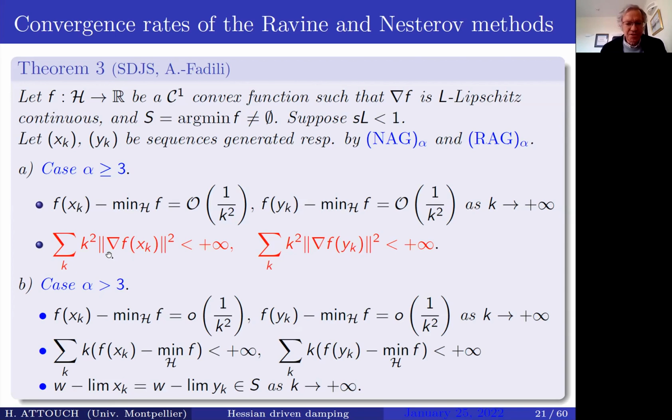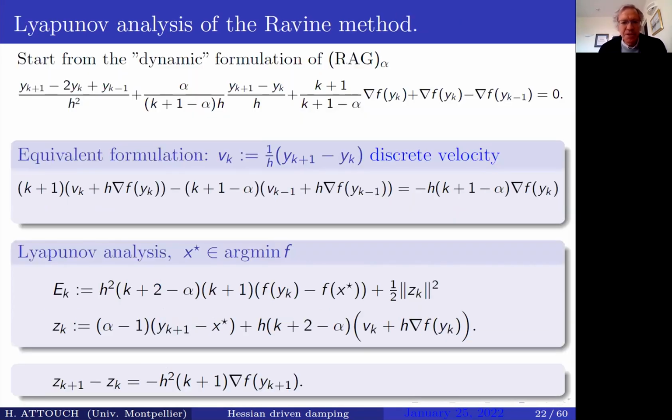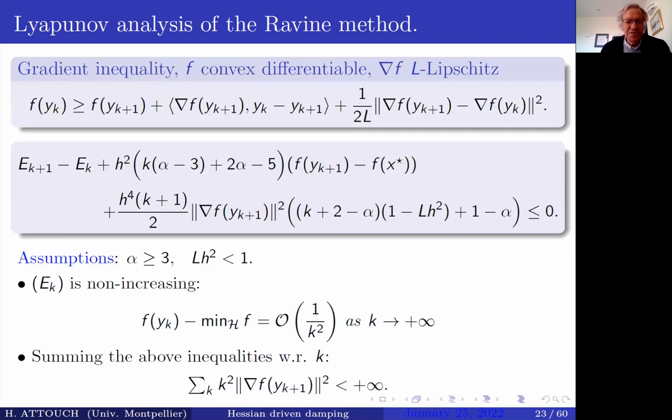And the reason why people didn't mention that in the earlier paper is this. When you do the Lyapunov analysis for Ravine, but it's the same thing for Nesterov, you write the equation in a Hamiltonian form, you have a classical Lyapunov analysis, and the point is that you have to use the gradient inequality in a sharp form.